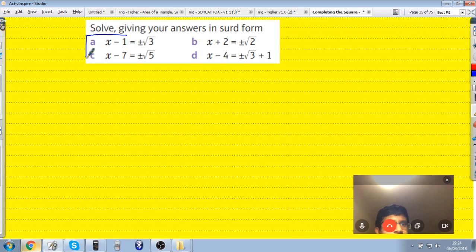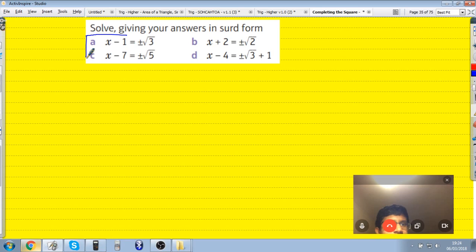Okay, so then (x + 2)² − 2² + 1 = 0. So (x + 2)² − 3 = 0, so (x + 2)² = 3.